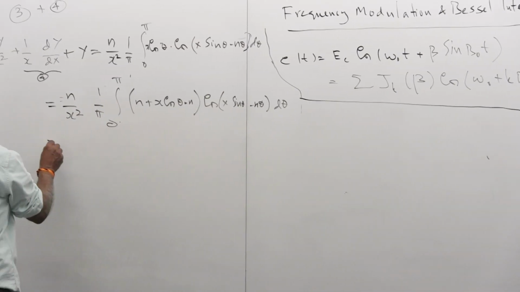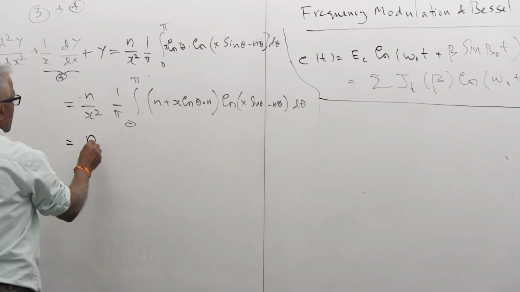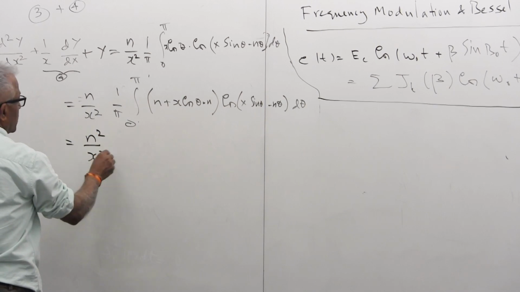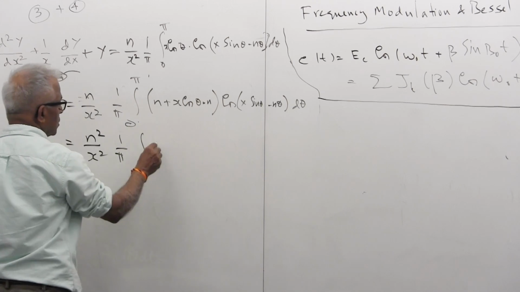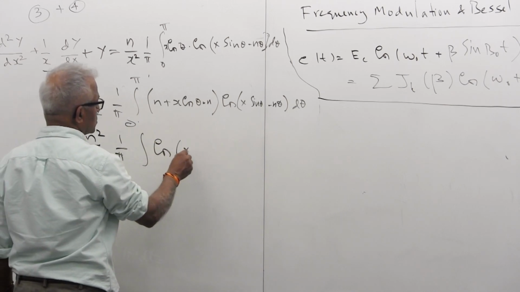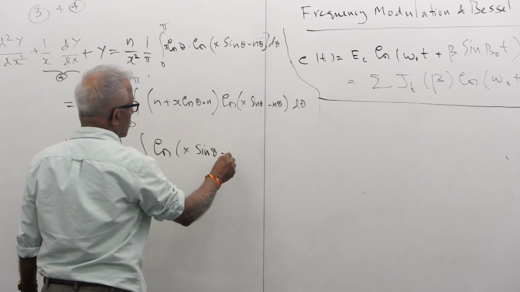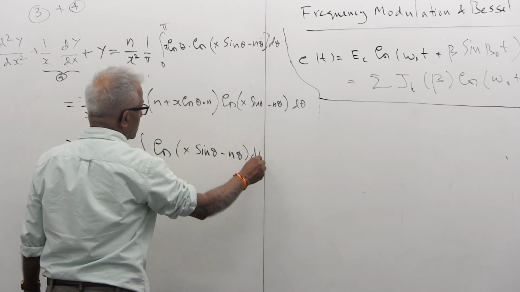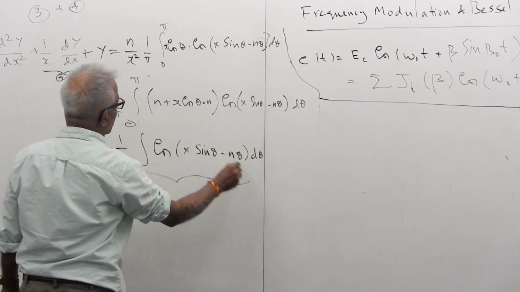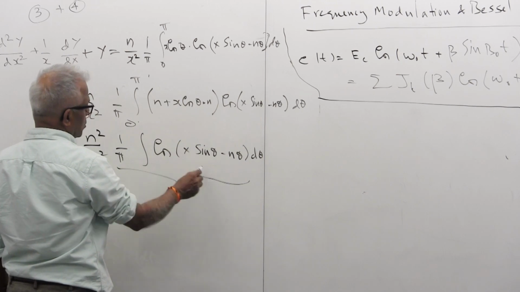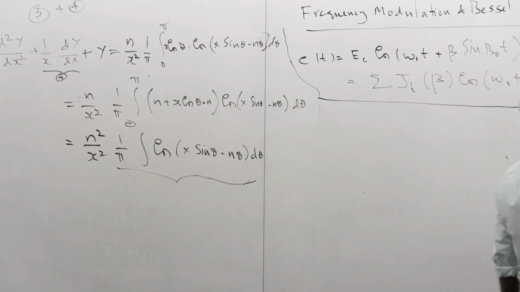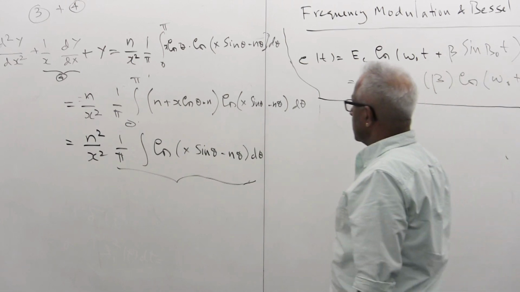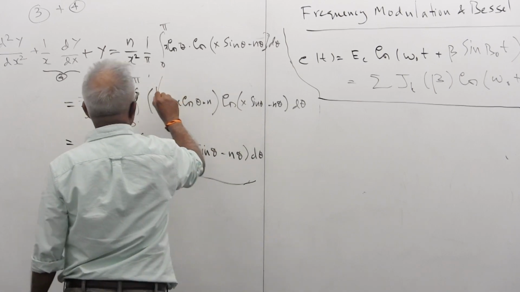So if I couple this together, this reads now n squared over x squared, this n comes here, 1 over pi integral of cos(x sin theta minus n theta) d theta. You can see why I introduced the n, because this is now the same as what we started with, this whole quantity. So we took care of this term.